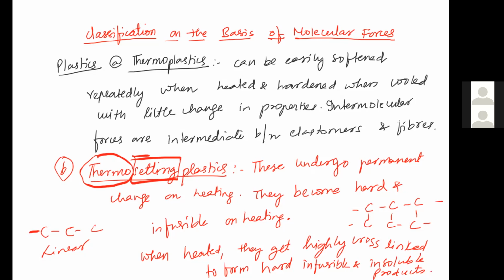Next, let us look at the classification of polymers on the basis of mode of synthesis. So we have seen three types: elastomers, fibers, and plastics. We are now looking at the other classification. I hope everyone completed copying. You want me to go to the previous slide?